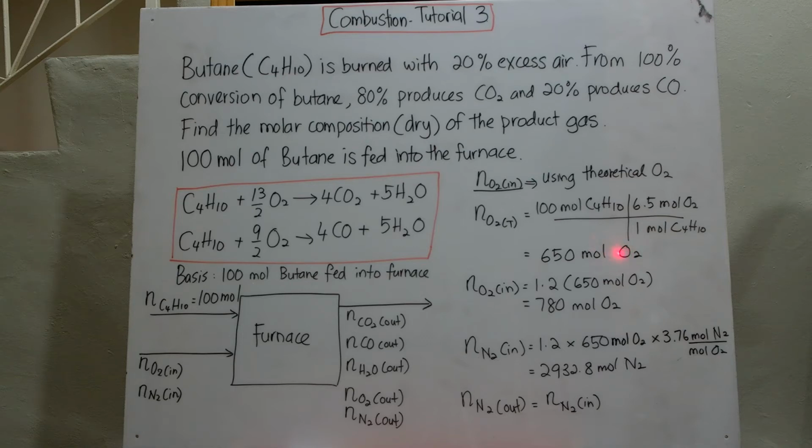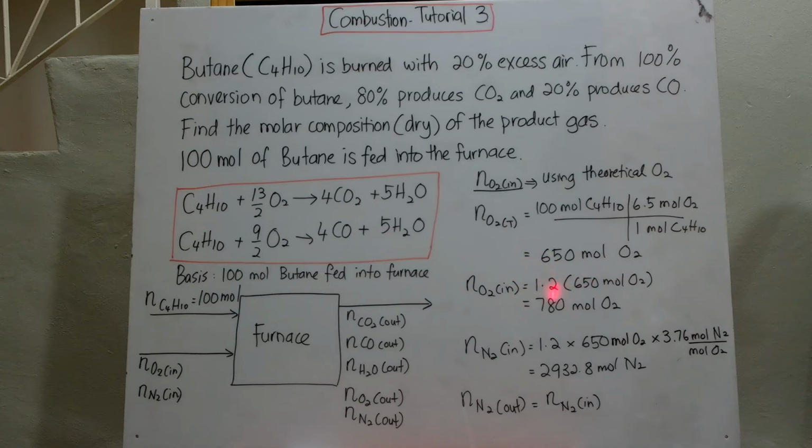From this information, you can find how much O2 goes into the process, the actual O2 that goes in, because you already know that your excess air is 20%. So we multiply by this fraction.